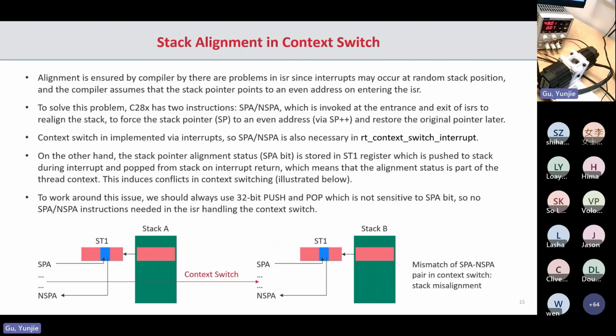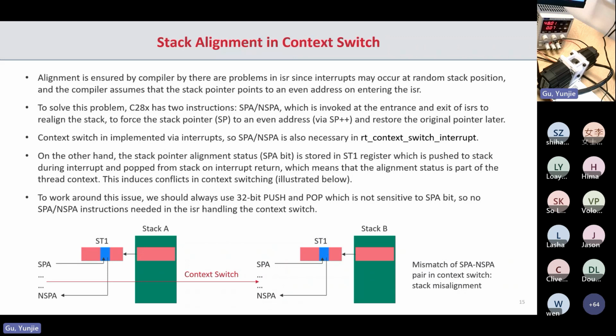The problem is that the context switch is also implemented by an interrupt, so you have to do this SPA and NSPA handling for the context switch interrupt as well.